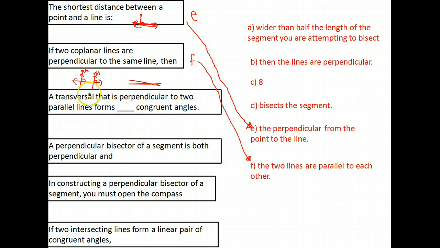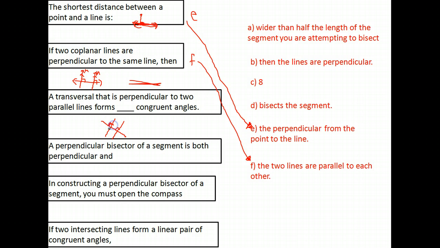Next, a transversal that's perpendicular to 2 parallel lines forms how many congruent angles? Okay, let's take a look at what that looks like. A transversal that's perpendicular to 2 parallel lines. So we have parallel lines. Let me draw a pair there. And we have a transversal going through them, and it's perpendicular to both of them. How many congruent angles are formed?